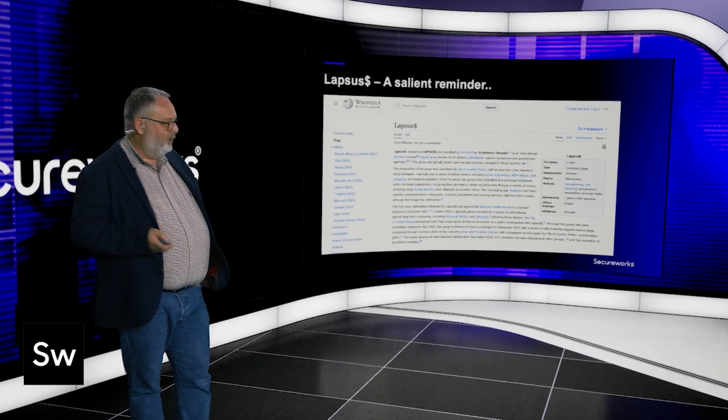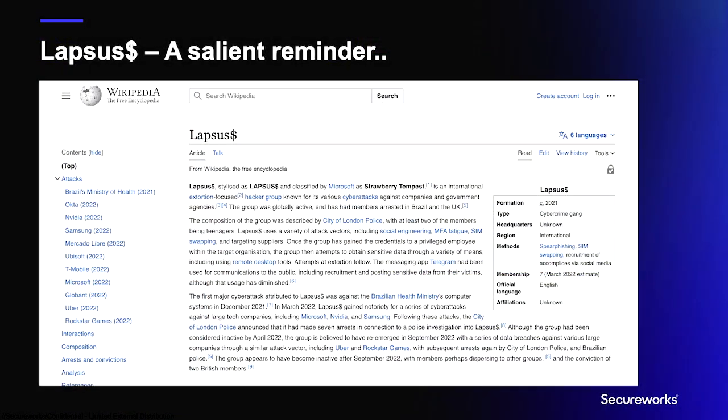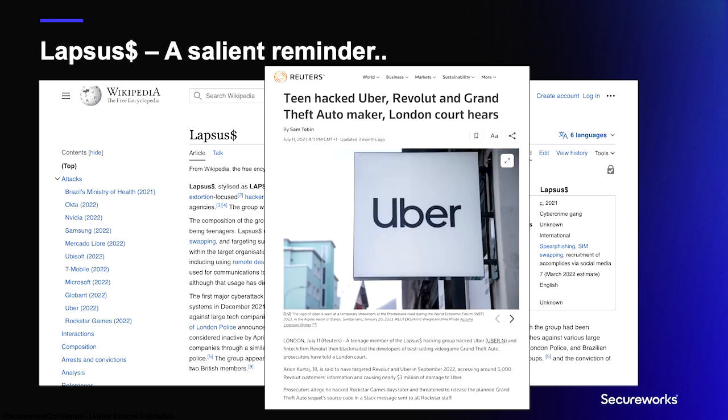And more recently, we've had Lapsus, and Lapsus have hit NVIDIA, Rockstar North, BT, EE, Microsoft, others. Two of the people in the Lapsus group have been prosecuted in the UK, so a lot of this is now much more out in the open than it was. And we have the same situation here.